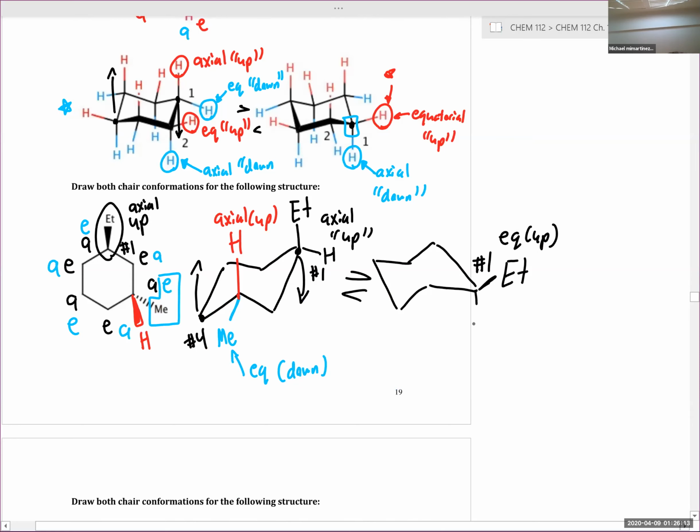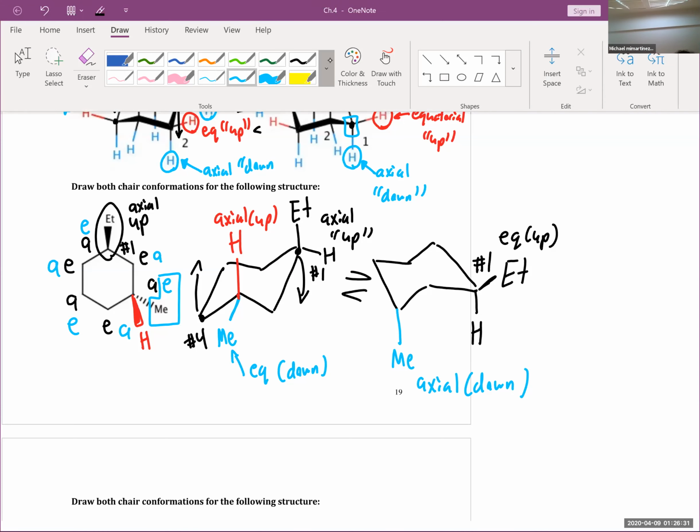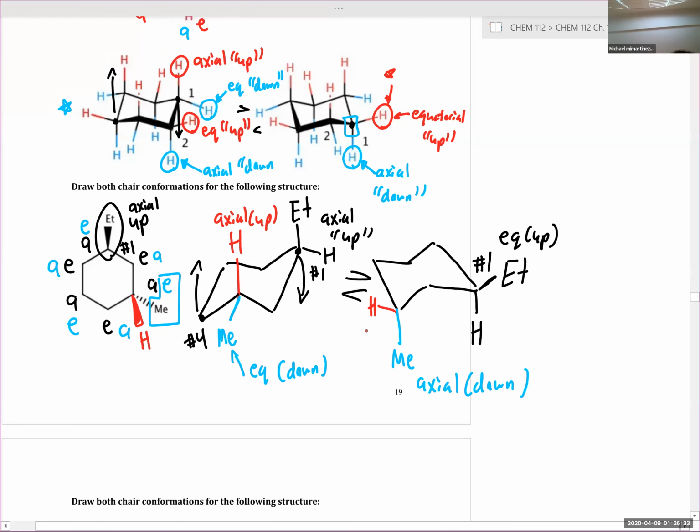Equatorial pointing up. And our methyl at carbon 3 is now axial pointing down. And then just to draw the hydrogen, this hydrogen is equatorial pointing up.